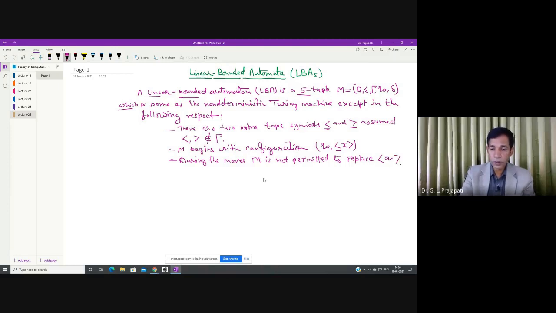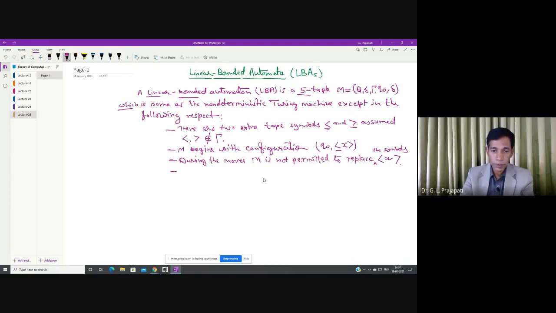So during the movement, we are not going to replace these symbols with any other symbol. You are not able to delete them, meaning you cannot replace these two symbols with the blank, or with any other tape symbols.